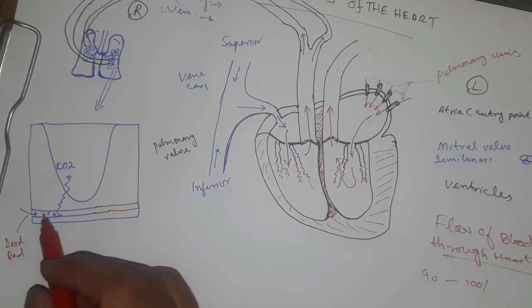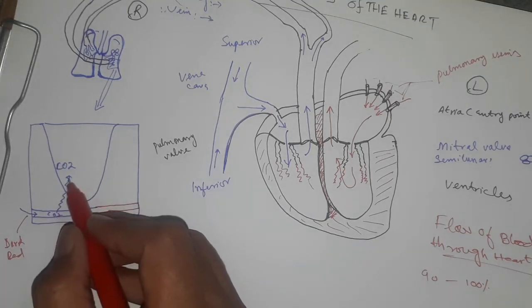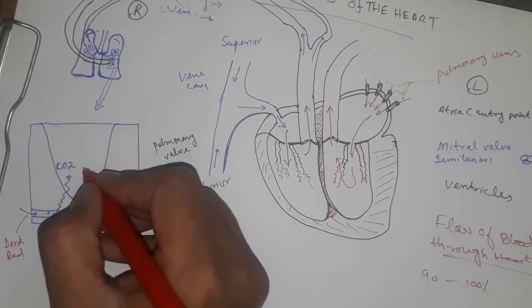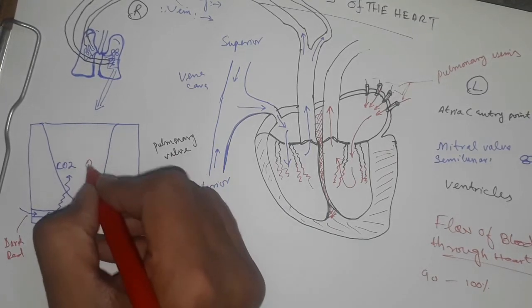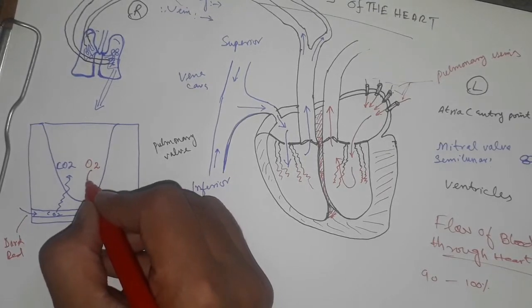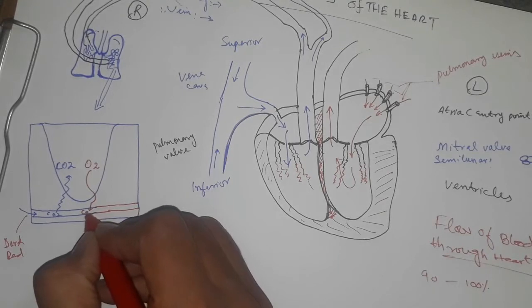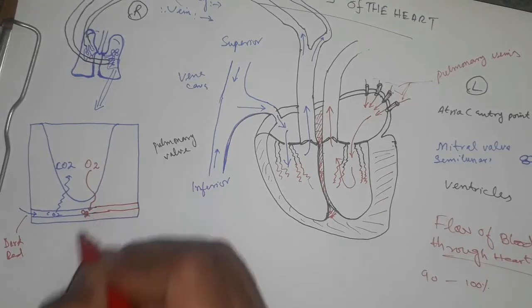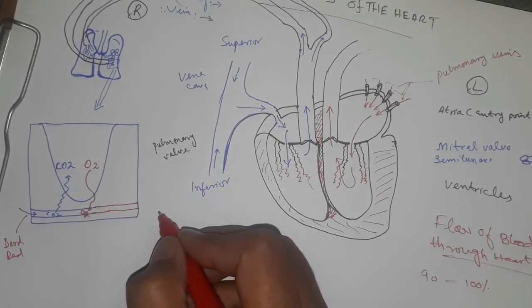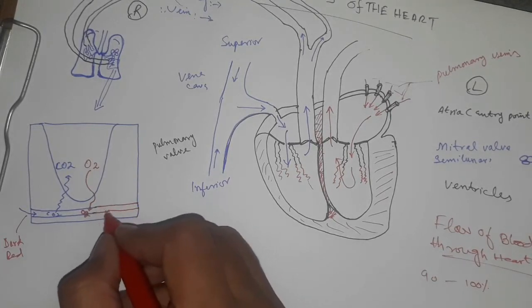Now at this point of the journey, carbon dioxide will move from the blood into the alveolus, and oxygen, which is present over here and has been breathed in from air, will move into the blood, into the blood vessel. This makes the bright red color of the blood.